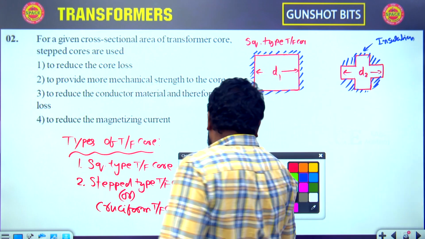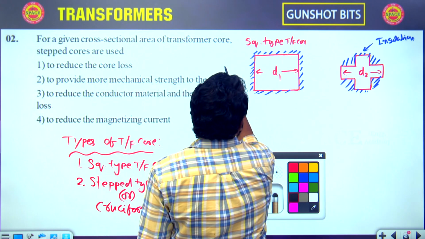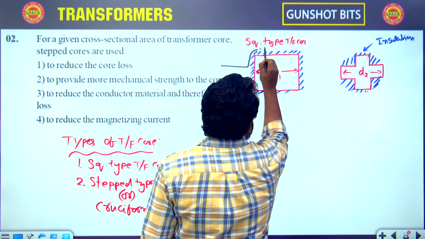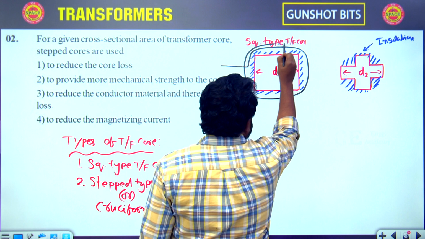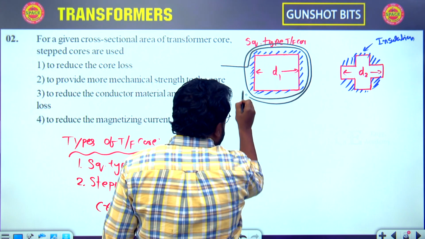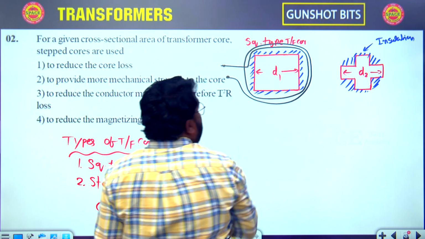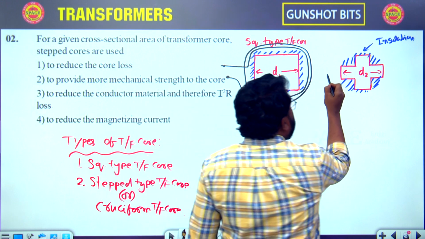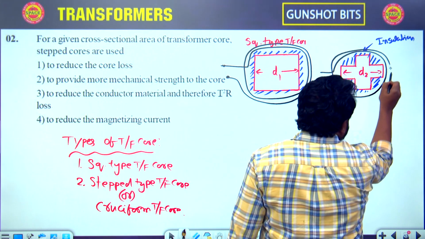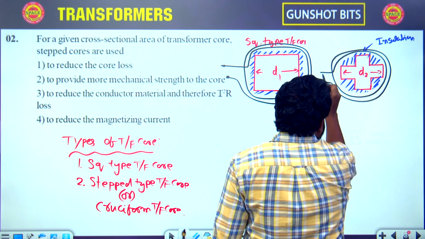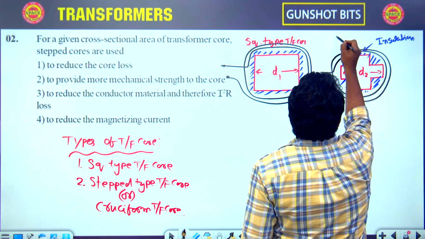If I place one conductor, this is the starting end of the conductor. This is the first turn, and next one is the second turn, and so on. This is the starting end and the finishing end. Similarly here also, this is the first turn and this is the second turn, like winding is placed. So this core is the stepped type transformer core.